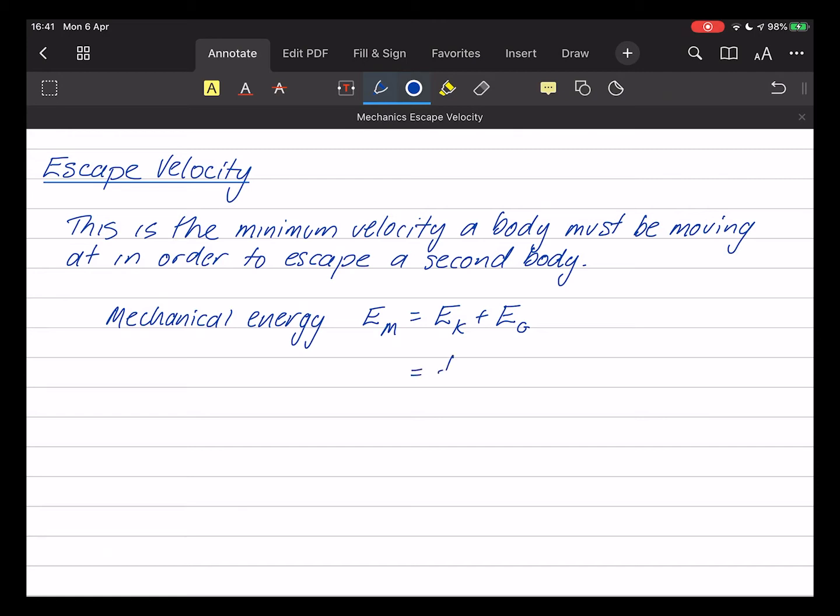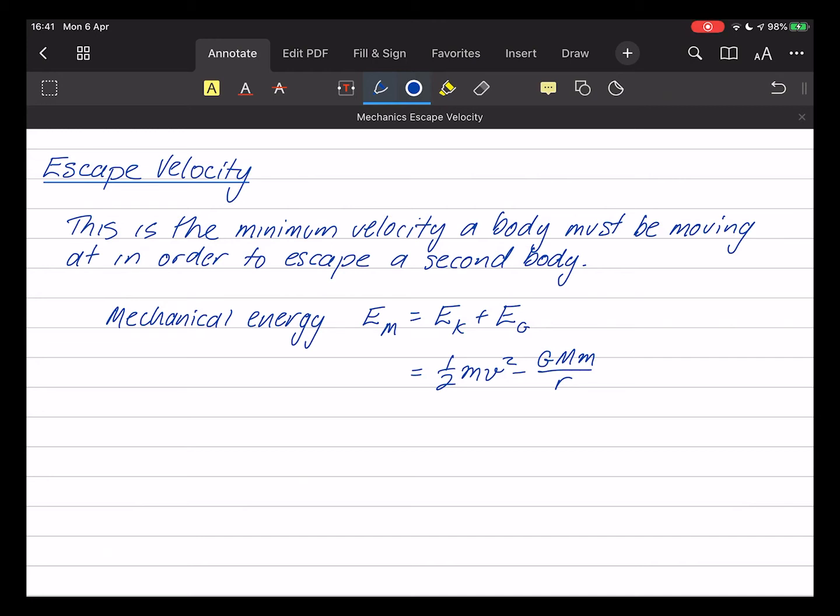Of course, that is half mv squared, and that's minus because gravitational potential energy is zero at an infinite distance. So it looks like that.